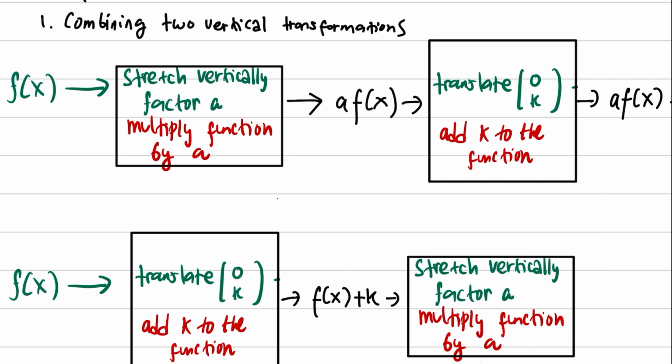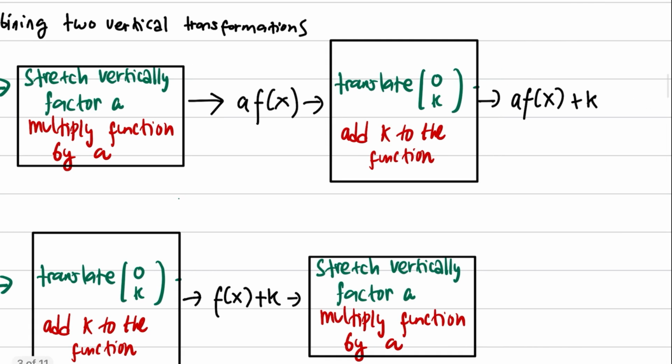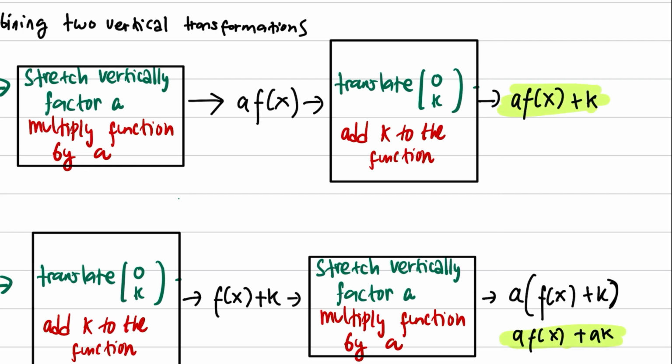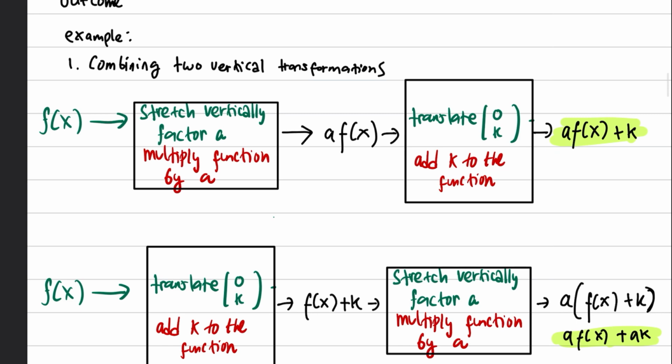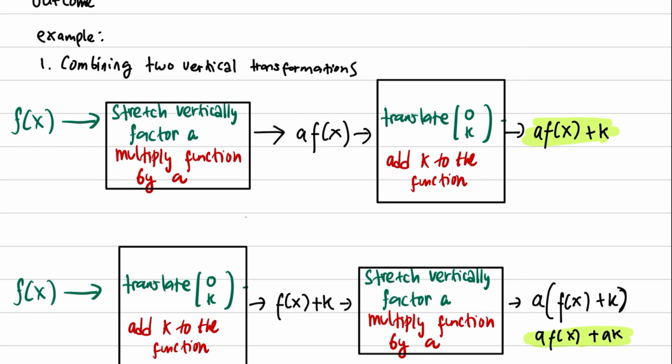This is my new function, so we multiply all by a, so that will give you a times my new function, or it becomes a f(x) plus a k. As you can see, these two are different outcomes. So when you combine two vertical transformations, the order matters. Be careful.